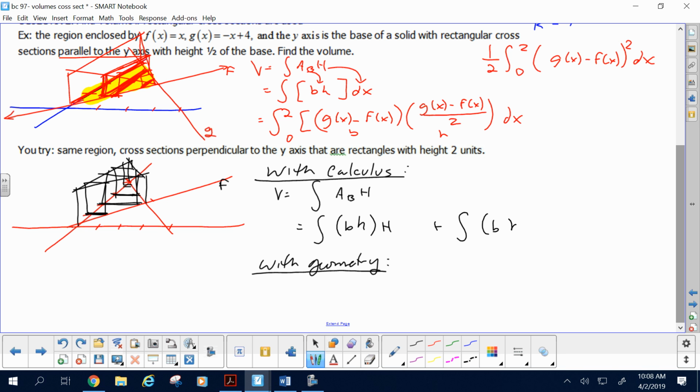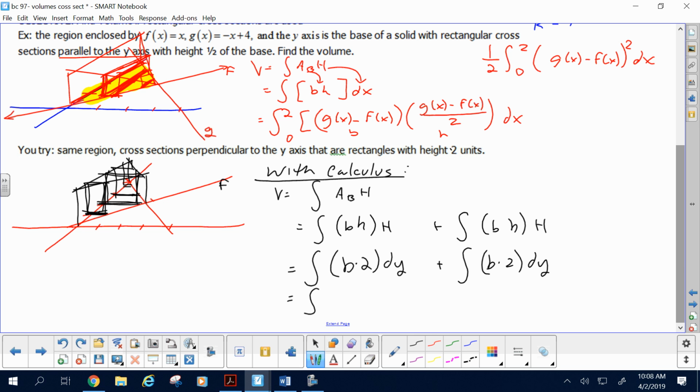Second, what is the height, dx or dy? dy. I agree. For all cases, what's the height of every one of these rectangles? It is 2. And then for the first region, the lower region, what's the base?